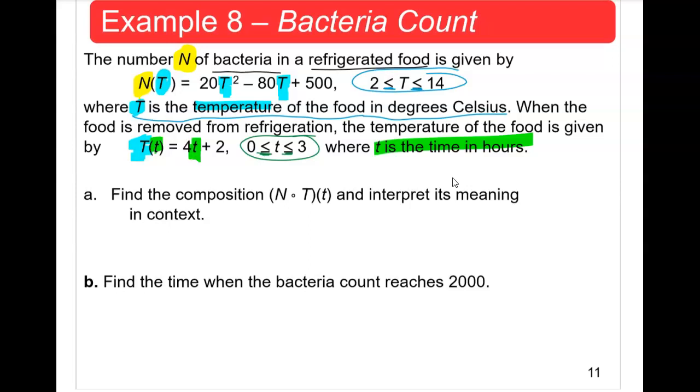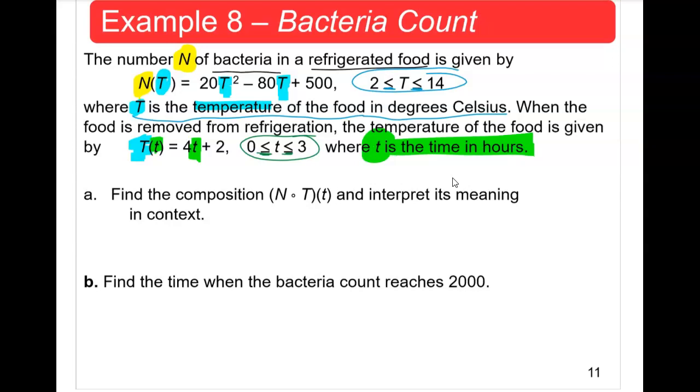So again, N represents the number of bacteria in a refrigerated food, and capital T is the temperature of the food in degrees Celsius, and that temperature can also be obtained when you take the food out of the refrigerator, depending on the time, which is the lowercase t.